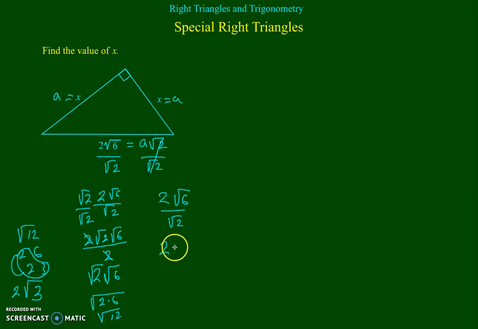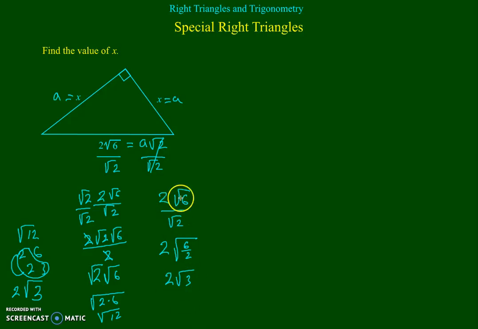So 2 over the square root of 6 divided by 2. So this 2 times square root of 6 divided by the square root of 2 translates to 2 times the square root of 6 divided by 2, which is just 2 square roots of 3.